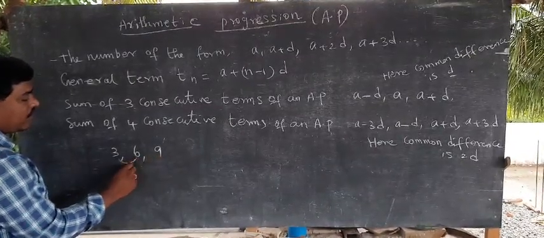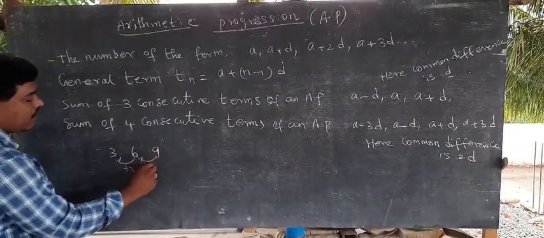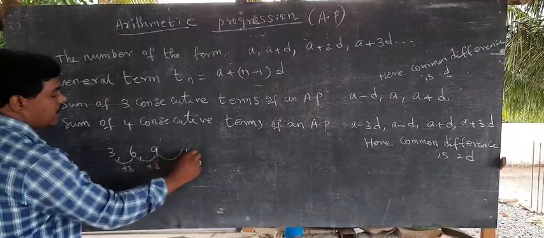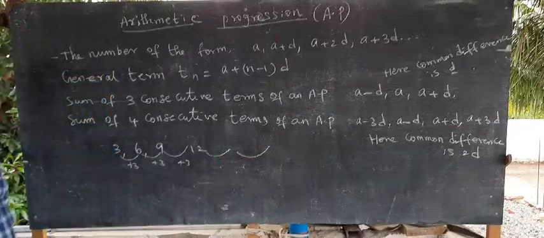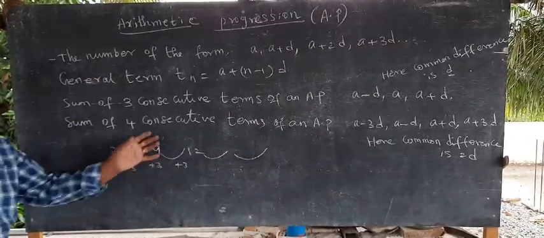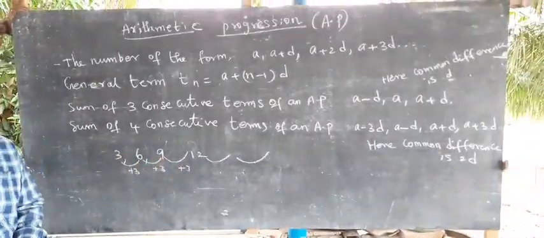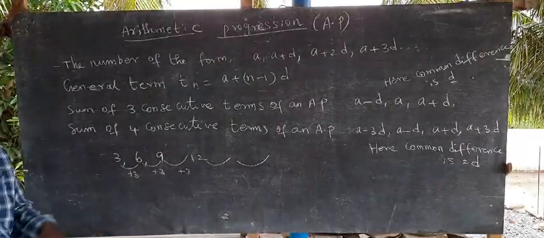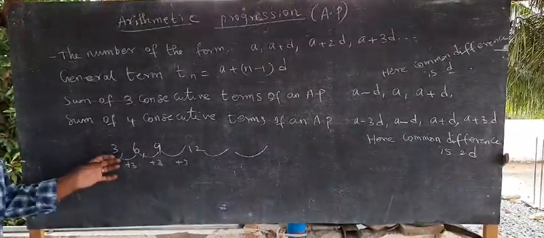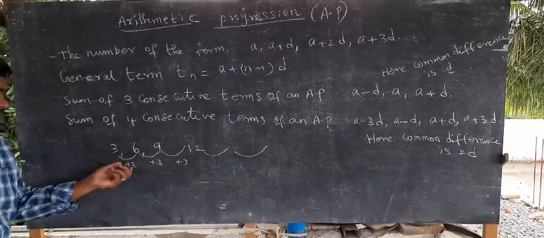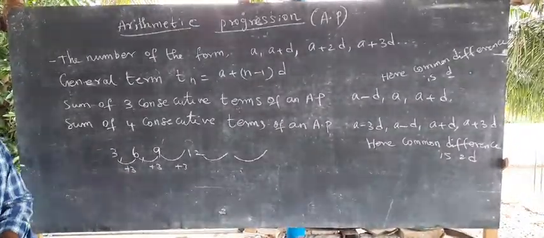The difference is plus 3, plus 3, plus 3. Like this, a sequence is called AP, arithmetic progression. The difference can be plus 3 or minus 3, a positive or negative value, but we need a common difference in the sequence.